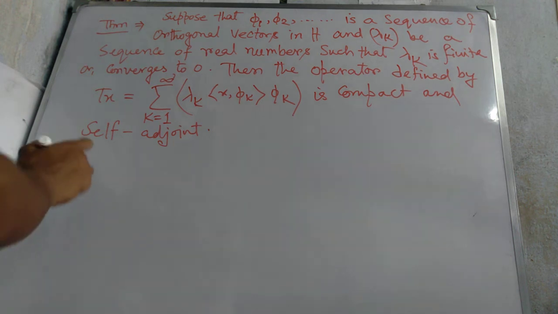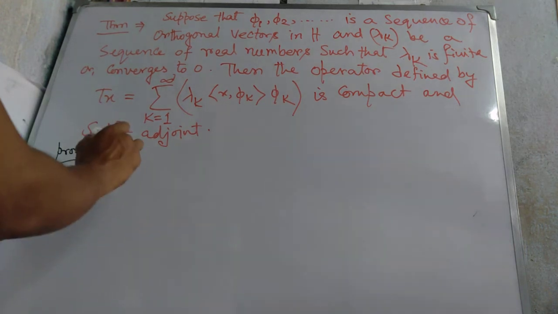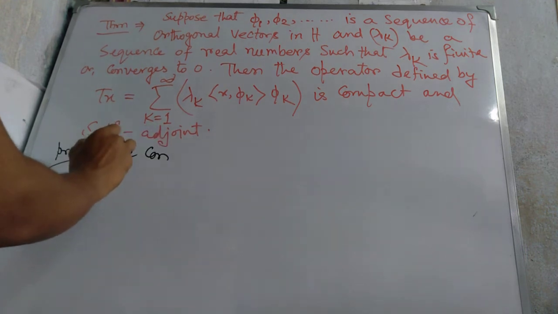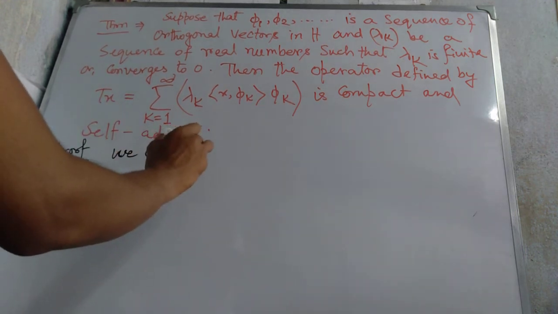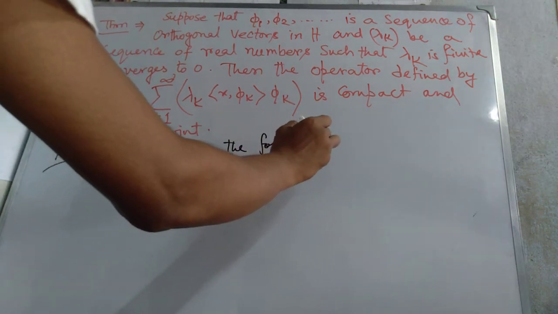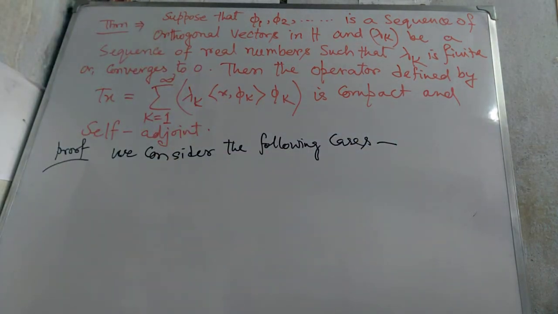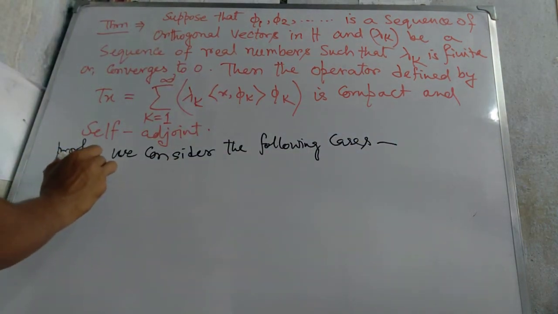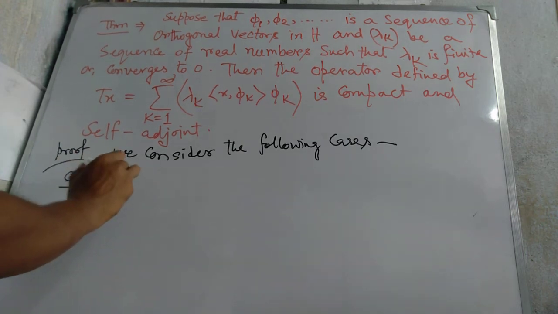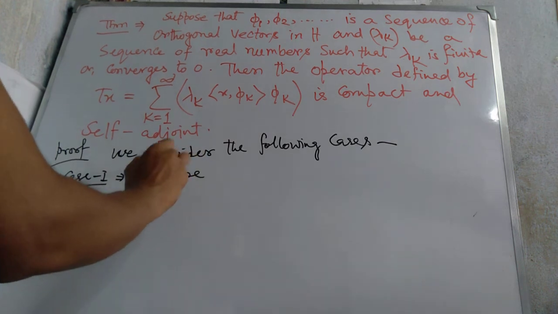So we start the proof. We consider the following cases. First case, we mark it as case 1. Then lambda k is finite.